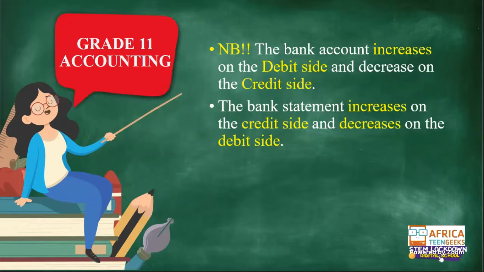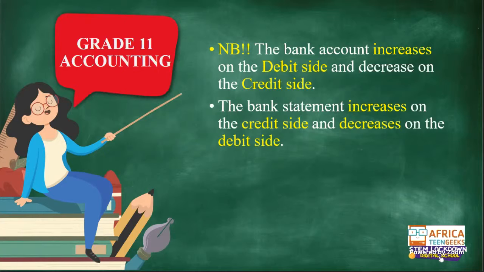Therefore, the bank statement will be recorded under liabilities when looking at it from the bank's perspective. What you need to know is that liabilities increase on the credit side and decrease on the debit side. Therefore, the bank statement is a liability to whom? To the bank, not to the business, right?